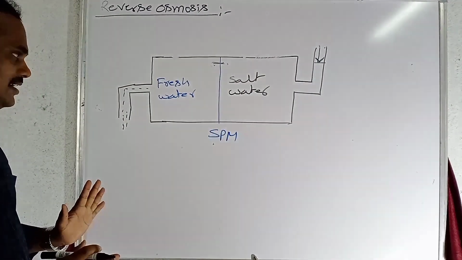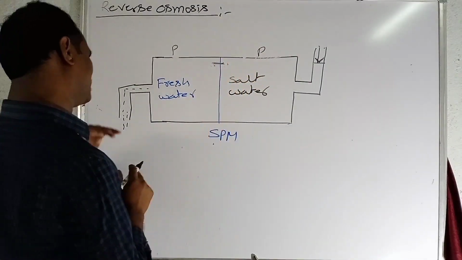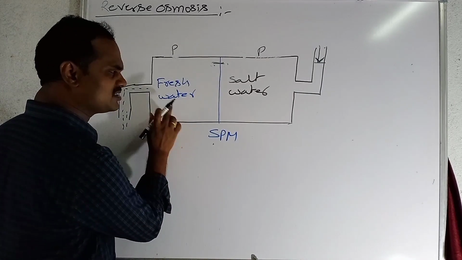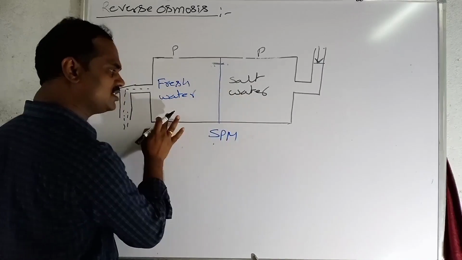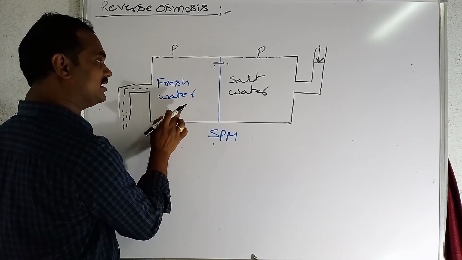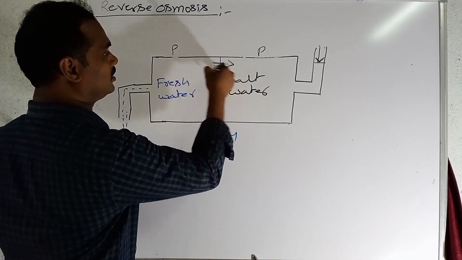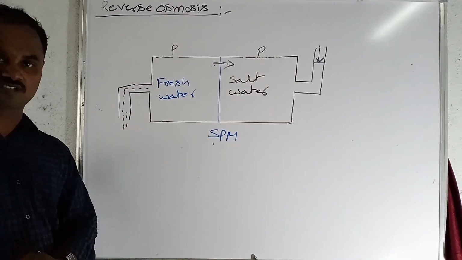Now when you apply normal pressure on both sides, equally, what will happen? This is fresh water, no salt; here salt is there. This is high concentration, this is low concentration. Now solvent particles move from fresh water to salt solution. This is the movement in osmosis.